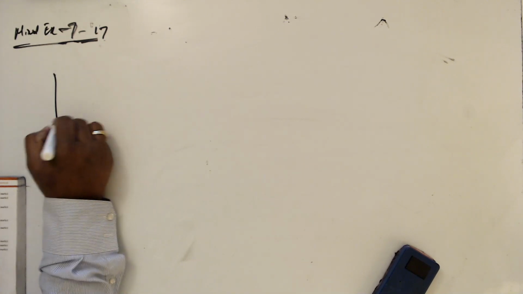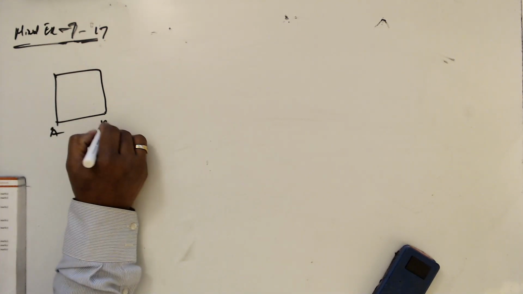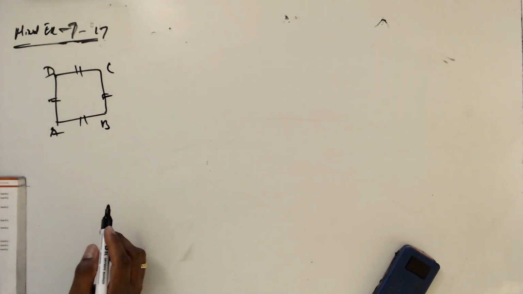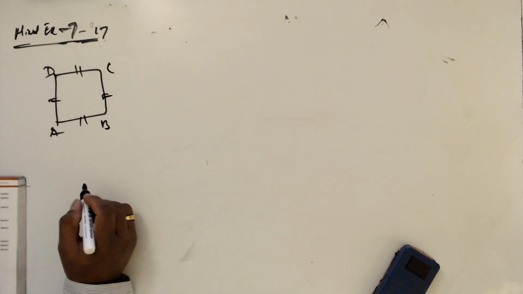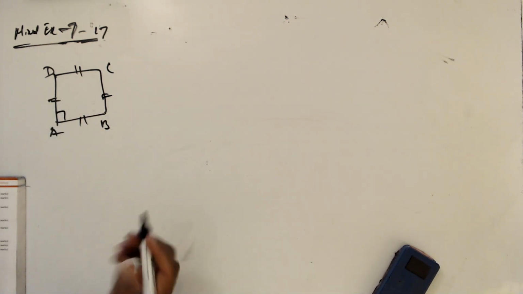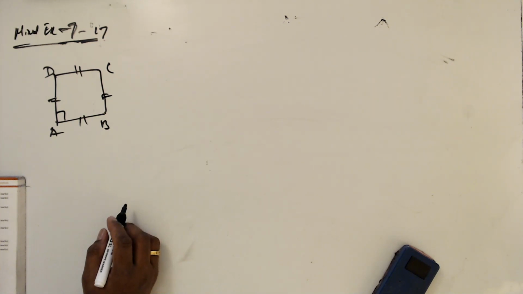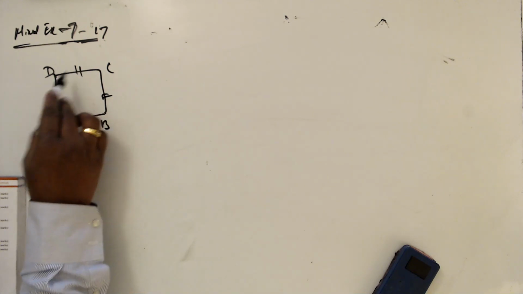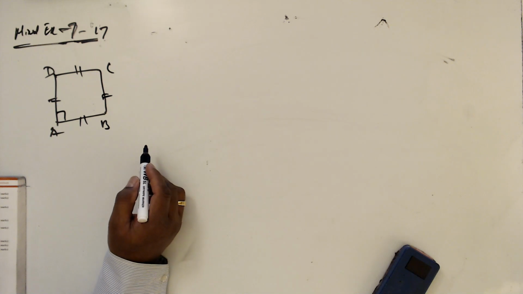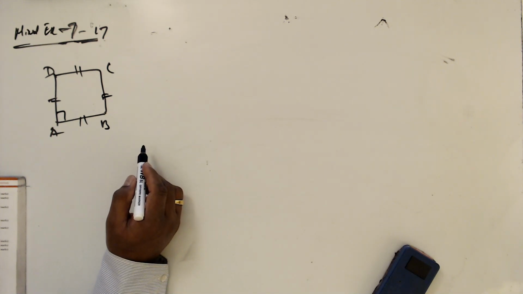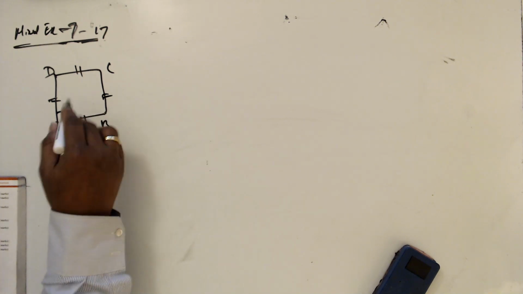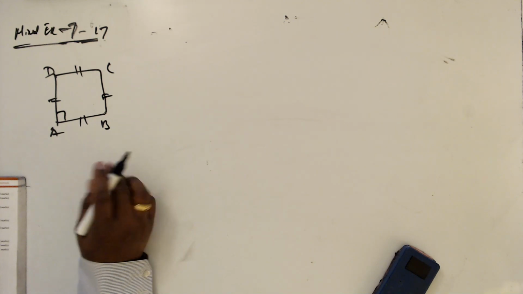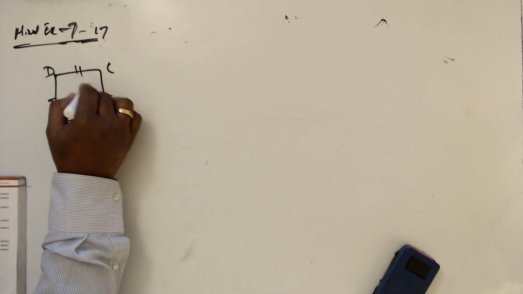We want to show that ABCD is a square. So we have to show that those lengths AB, BC, CD are equal. Also, it's enough to show that one angle is 90 degrees, because if all the sides are equal and one angle is 90 degrees, there is no other way except that it is a square.